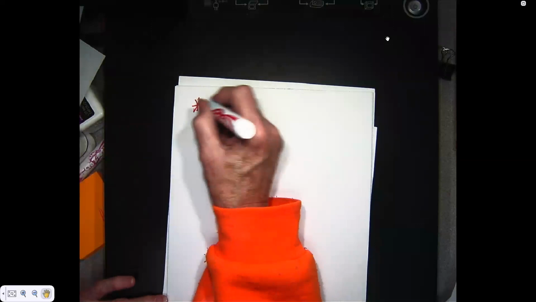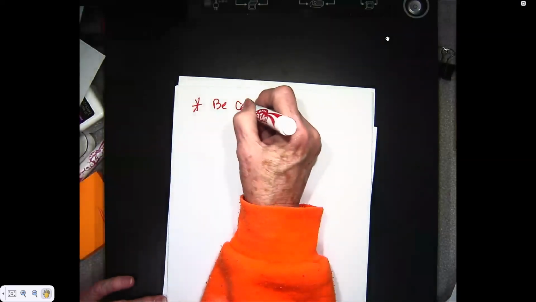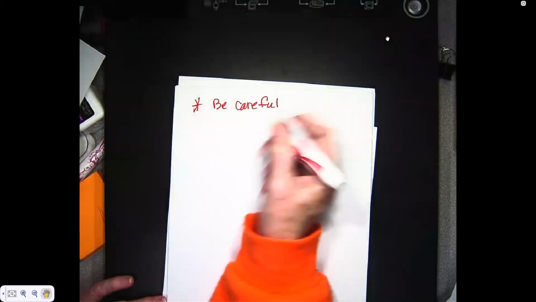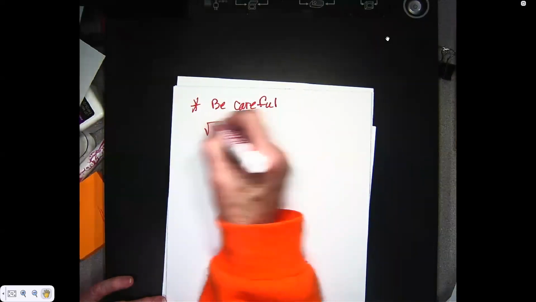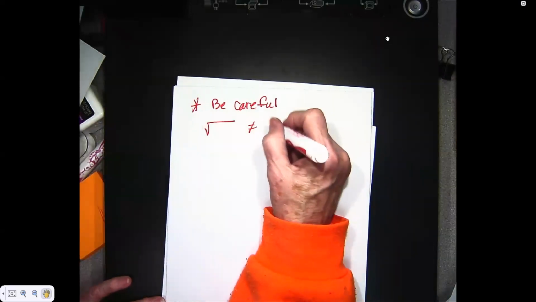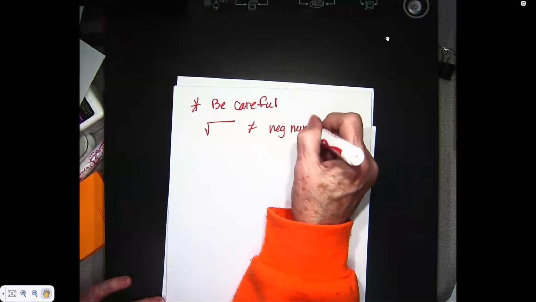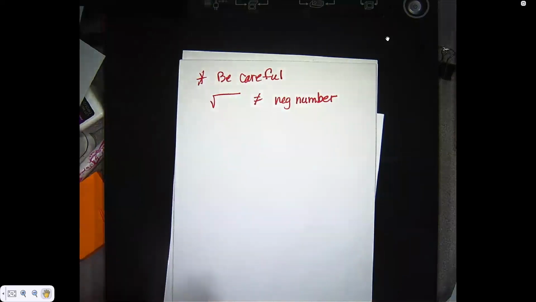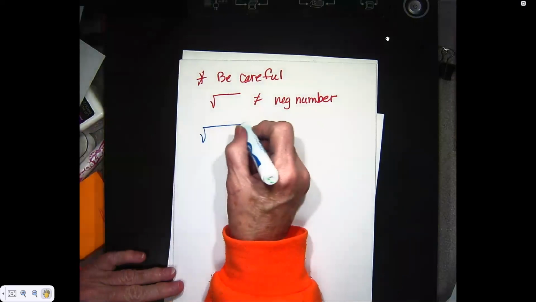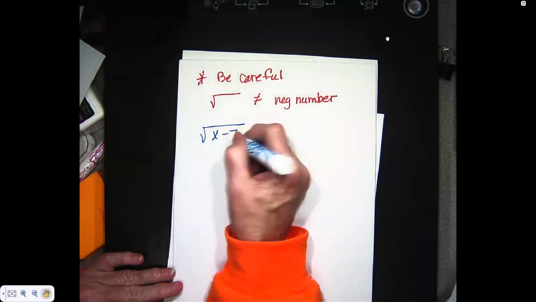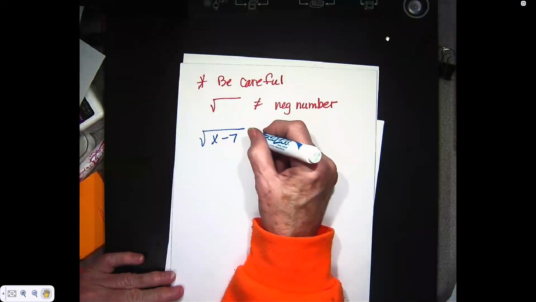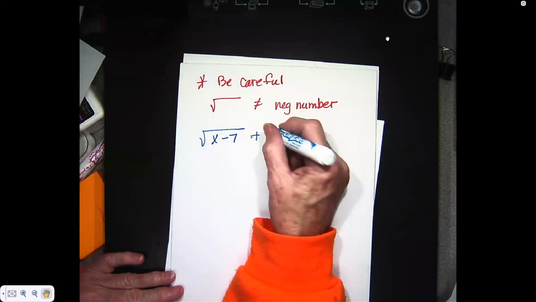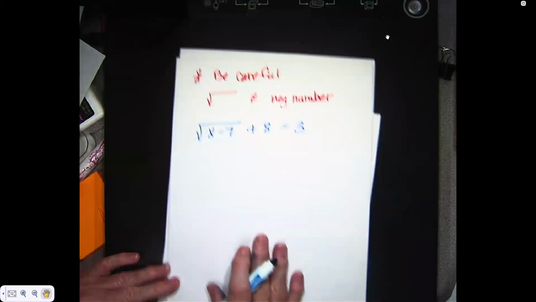Now, this is just a be careful. You need to remember that a square root cannot equal a negative number, because you want to continue to do the math whenever you're working the problems. So if I were to have something like the square root of x minus 7 plus 8 is equal to 3.